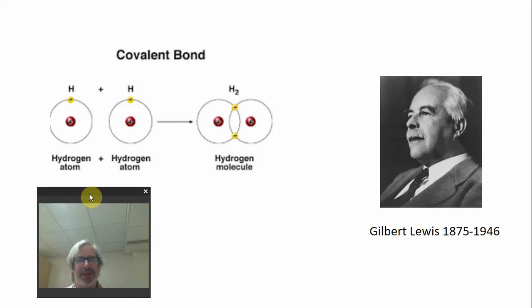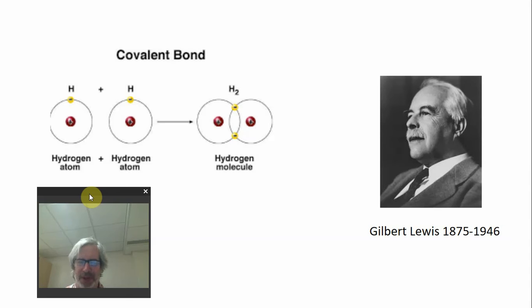A couple interesting facts about Dr. Lewis: he was nominated 46 times for the Nobel Prize in chemistry, but he never won it. He also coined the term you're all familiar with for a quantum of radiant energy, the photon.